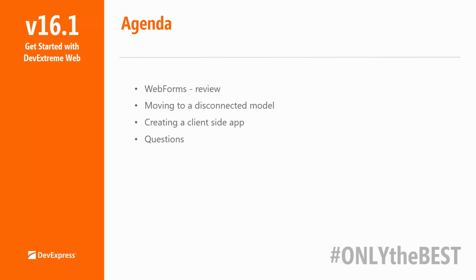Well, the thing about WebForms is it's, I was going to say an old technology, but a traditional technology, shall we say. It first came out in 2002. If you cast your minds back to those bygone years when browsers were browsers and did things differently.